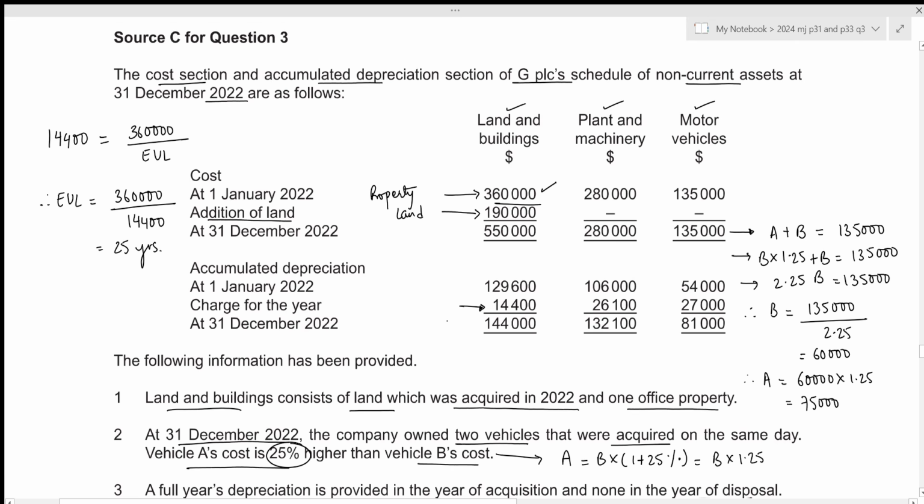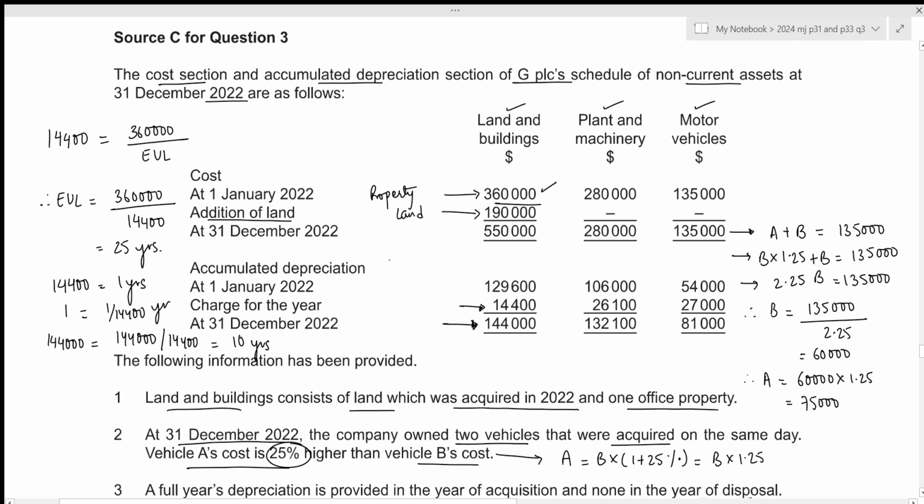At the end of 2022, we have the accumulated depreciation of 144,000. We know that 14,400 is the depreciation for 1 year, right? It means that 1 would be the depreciation for 1 by 14,400 year. And we need 144,000, so 144,000 divided by 14,400, which is 10 years.